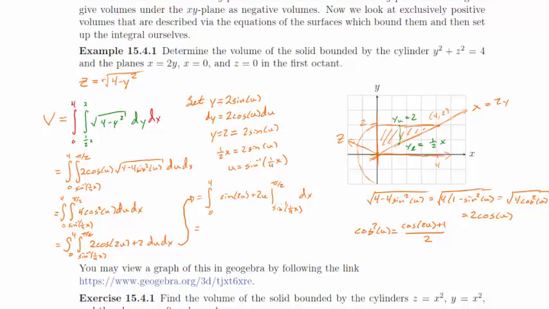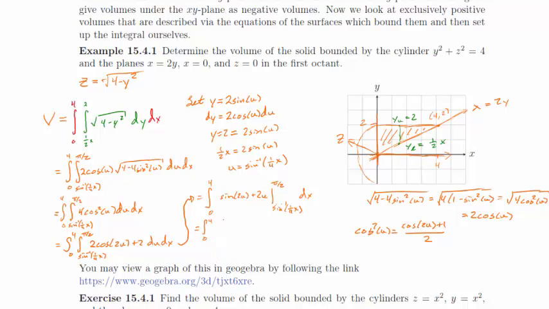I think I'm about to the point where I'm ready to put it in a calculator now. When I multiply by the 2, that's not going to allow me to take an inverse here. So I have the integral from 0 to 4 of sine of 2 sine inverse of 1/4 x. Oh, I want to do the pi over 2 first, don't I? So if I plug pi over 2 in, that sine of pi is 0.